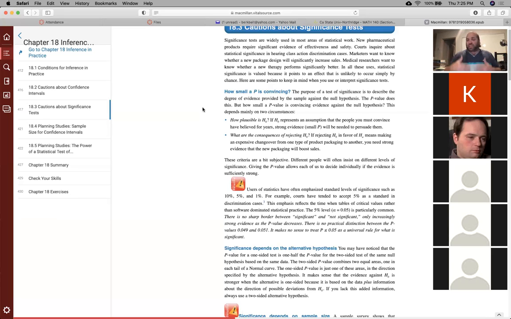Who knows what the consequences of rejecting the null hypothesis can be? And if the consequences are severe, you want to make sure that you do not make a mistake. In that case, you might take a smaller alpha than you normally would, maybe 1%, maybe a tenth of a percent, so that you don't accidentally do something which is going to cause you to lose a lot of money in the long run if you didn't really have to.